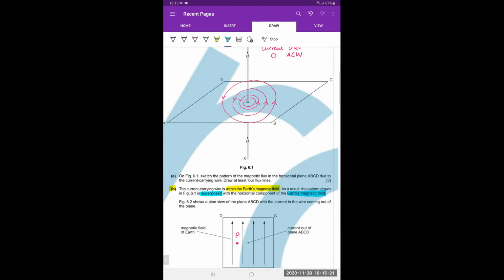So notice carefully, current coming out of the wire is shown to you. I'm just making a pink circle around it. Ignore the point P. उसकी अभी जरूरत नहीं है. So you know, जो diagram के ऊपर they have shown you that the current is coming out of the plane ABCD. That's the current carrying wire. And the diagram has also highlighted the Earth's magnetic field.